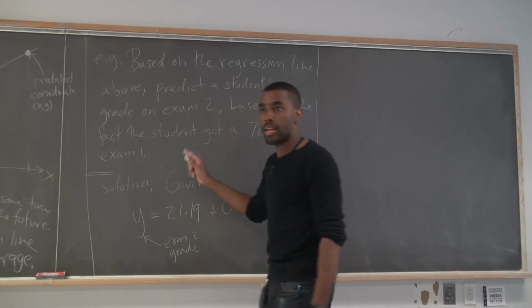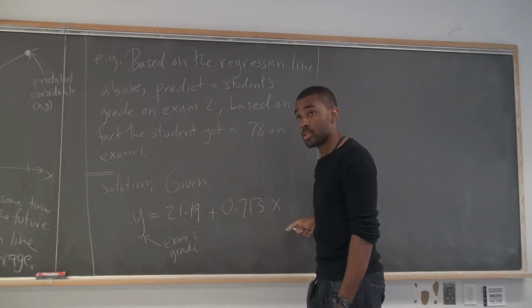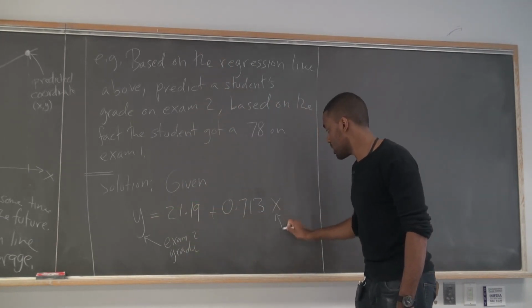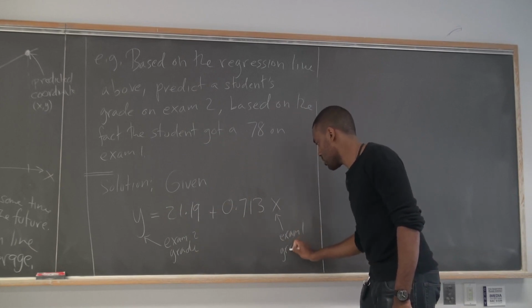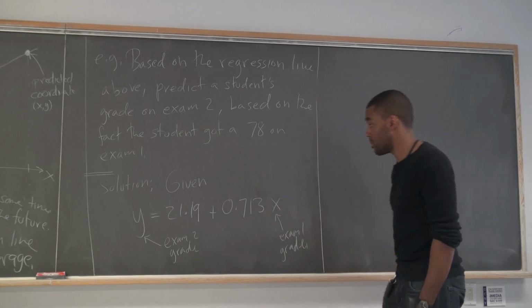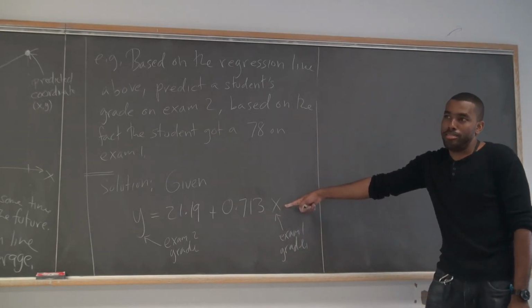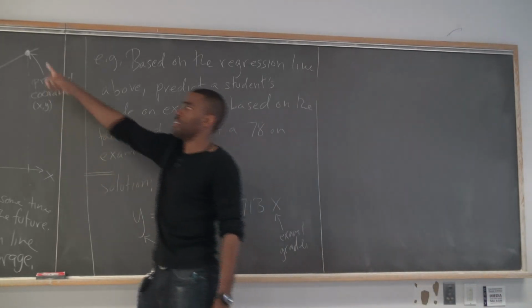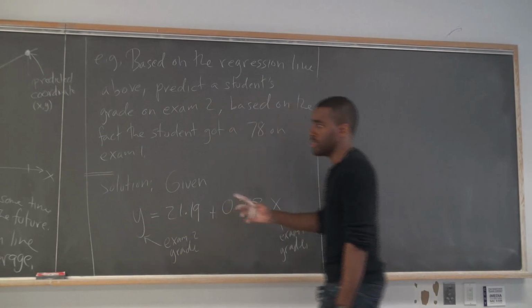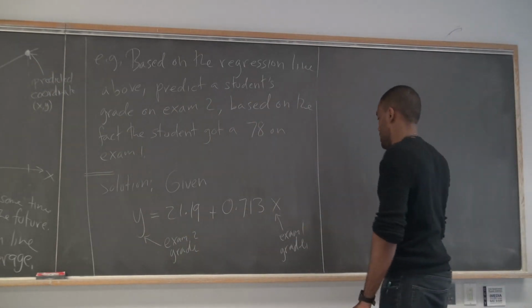In the example from chapter 8, the y-axis was exam 2, the x-axis was exam 1, and this is the exam 1 grade, based on our setup from the last lesson. So the idea is, if I know the exam 1 grade, I can figure out what the exam 2 grade should be, assuming the grade will fall right on the line. The student will perform on average as well as everyone else.